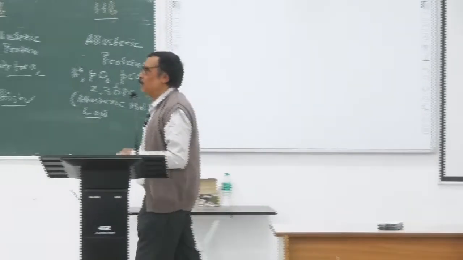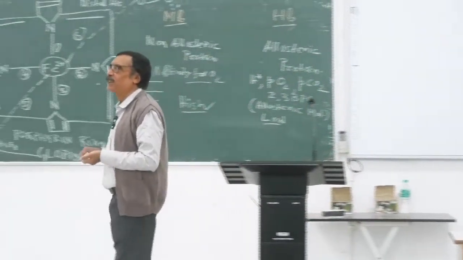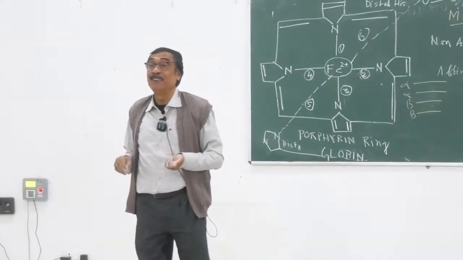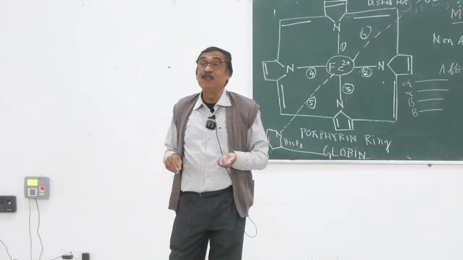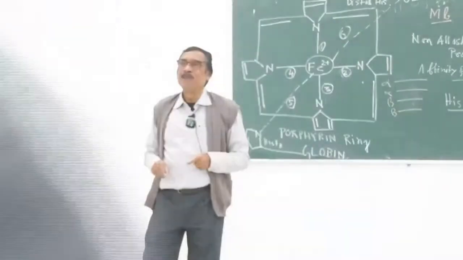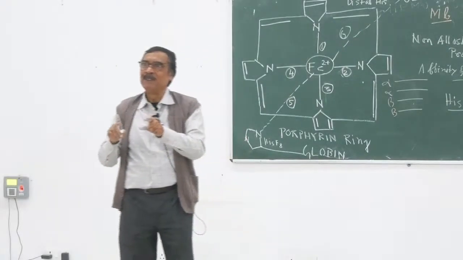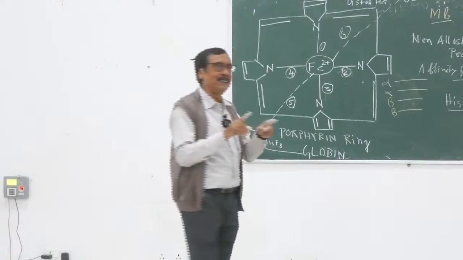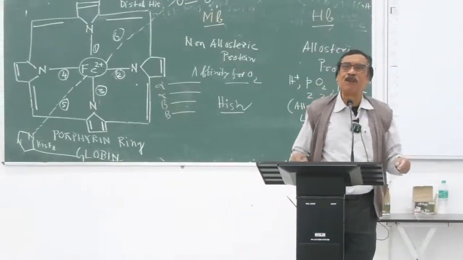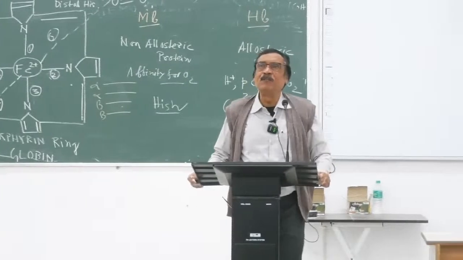So myoglobin is not suited for the delivery of the oxygen. Myoglobin is not suited for delivery of the oxygen to the tissue, but hemoglobin is suited. হিমোগ্লোবিনকে এমনভাবে তৈরি করা হয়েছে যাতে it is suited for delivery of the oxygen to the tissues.